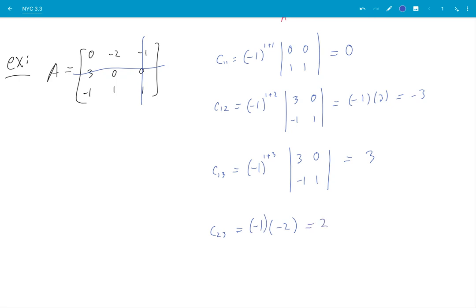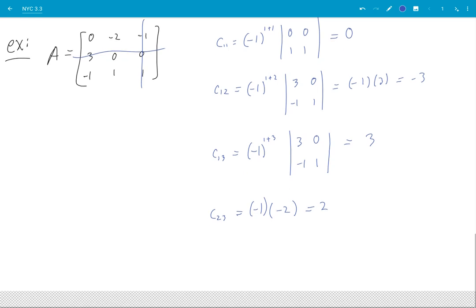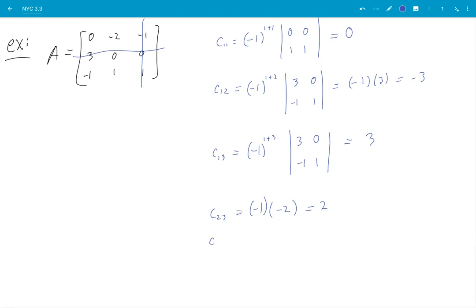Okay, so with practice, you can do that mentally. You can find all these cofactors mentally. So I get negative 1. So for C21, second row, first column, negative 1 to the 2 plus 1. I'll try to do these mentally and not make too many mistakes. 2, 2, 0.